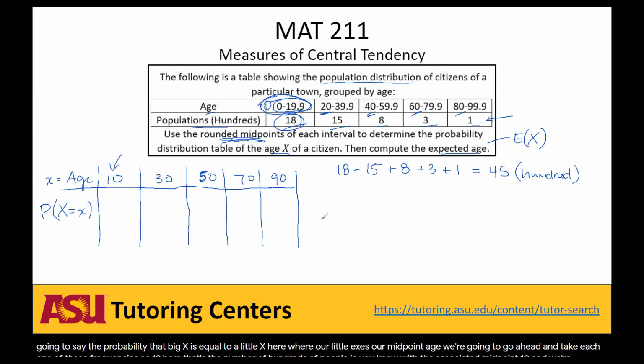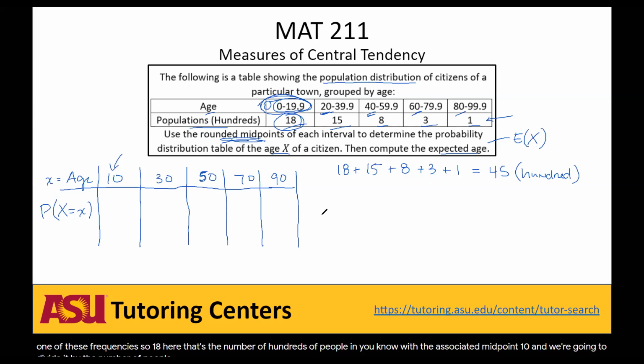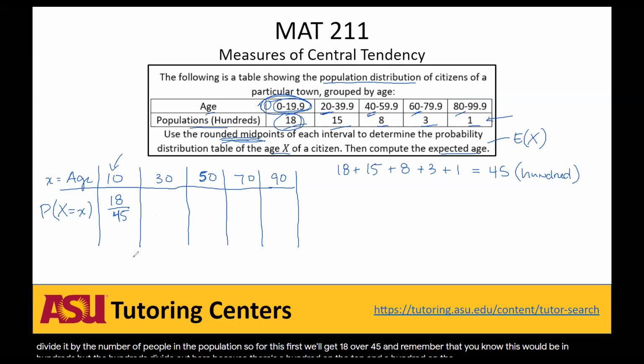And we're going to divide it by the number of people in the population. So for this first, we'll get 18 over 45. And remember that this would be in hundreds, but the hundreds divide out here because there's 100 on the top and 100 on the bottom. So we can just ignore the hundreds here.